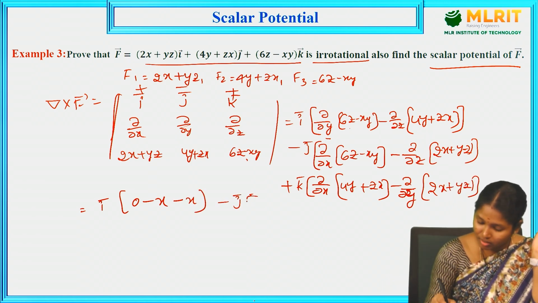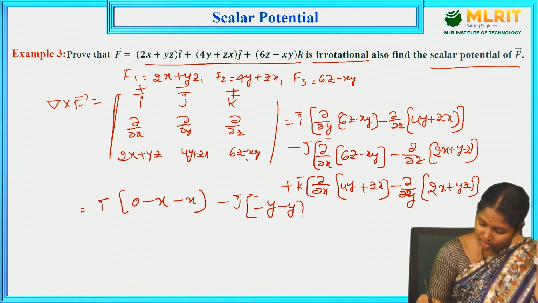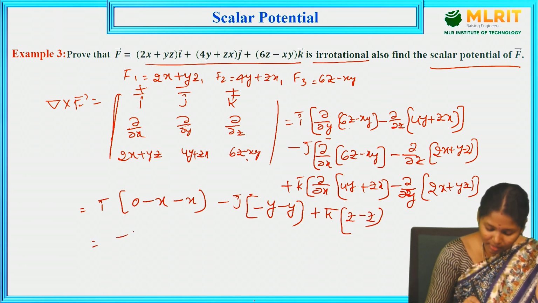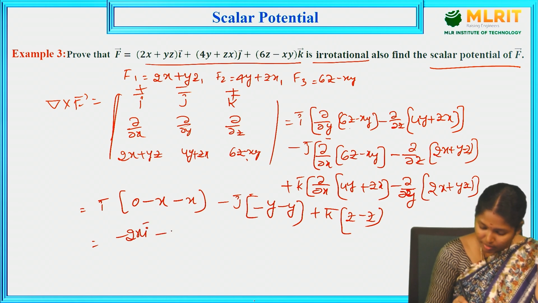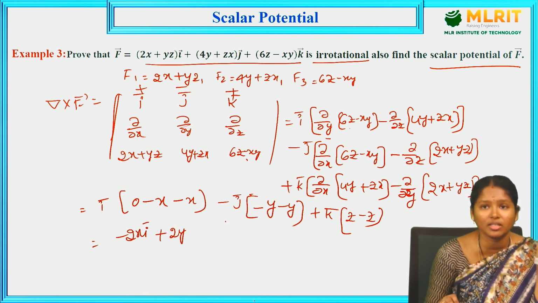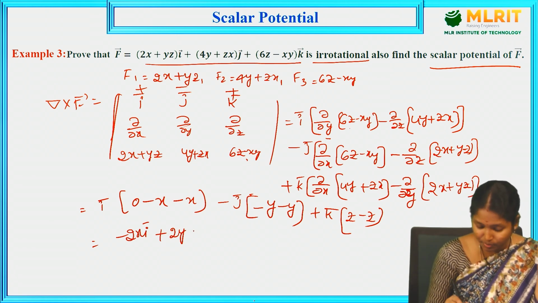Minus j bar, with respect to minus y, plus k bar, z minus z. So I will get minus 2x i bar plus 2y j bar plus 0 k bar.